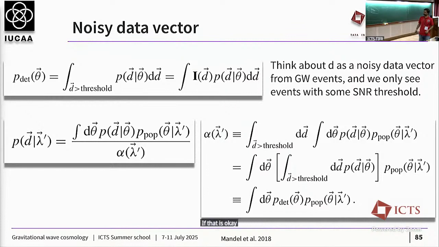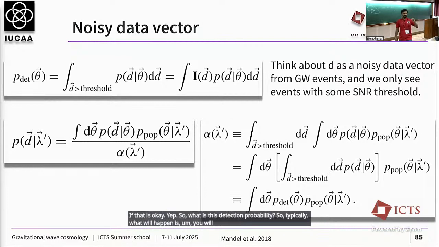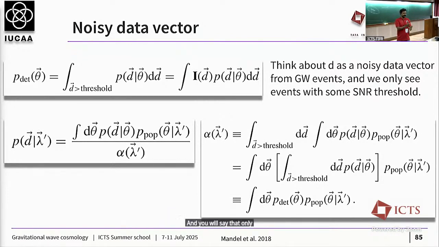So what is this detection probability? Typically you will measure something like the SNR of your events, and you will say that you only select events if they cross a certain SNR threshold. So what is the probability of detection for a given parameter set theta? That will be all possible data vectors that you can draw given your theta. Now we are going to account for noise.